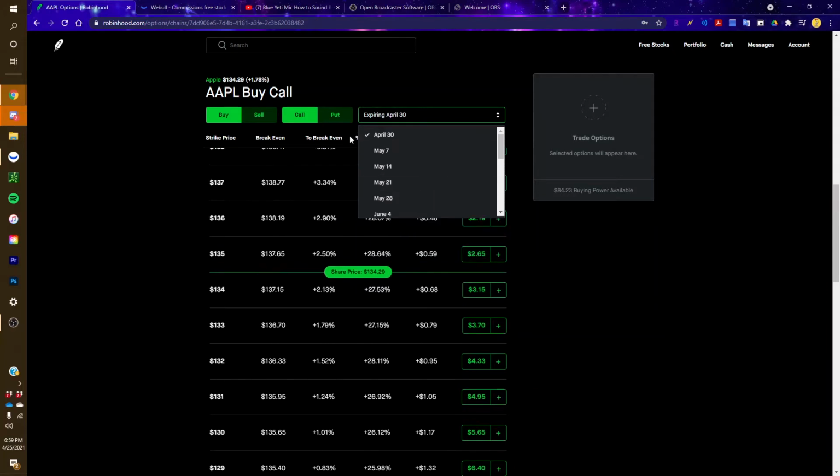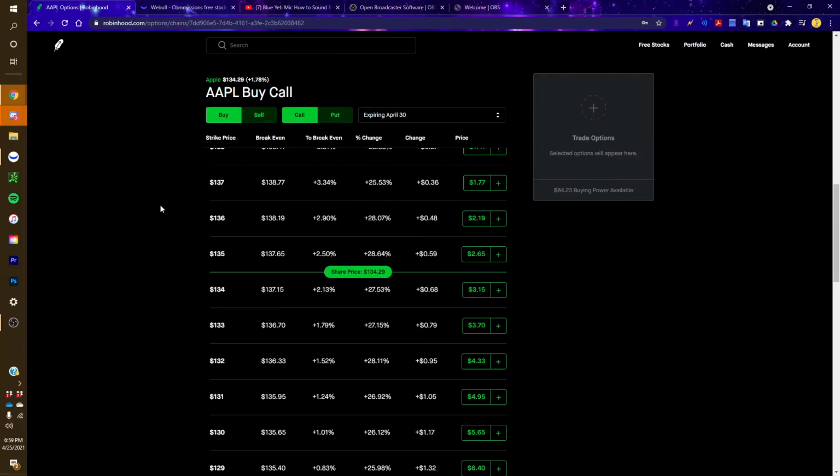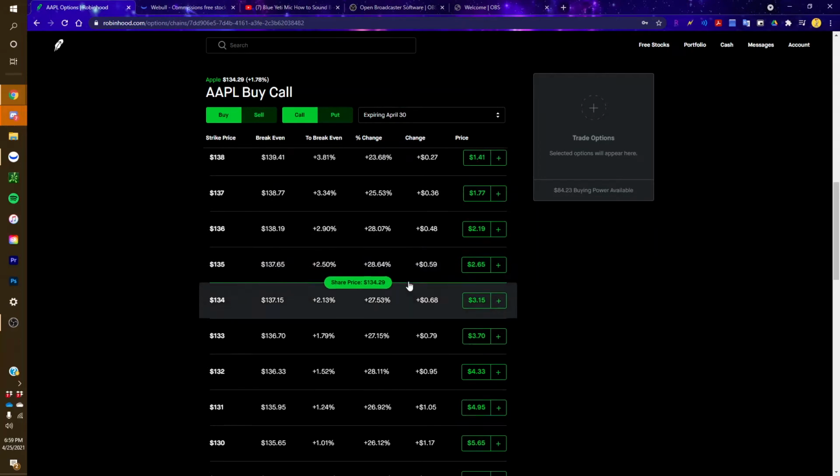So you can buy options far out or close to the current date. You can get whatever you like. But each one of these comes at different prices. So with the expiration date, you have to understand options are always fighting against time.